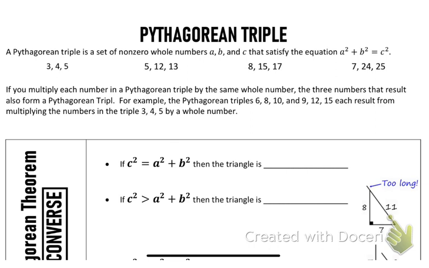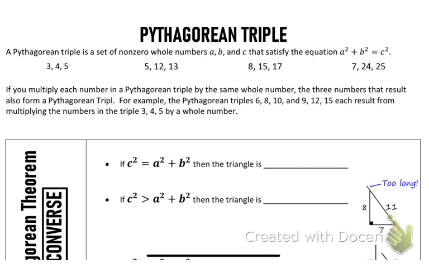Once again, you do not have to have these memorized. If all this makes sense to you, you might want to take a second and memorize some of these. It can speed up specific problems, especially with whole numbers. Now, Pythagorean triples also get you more values. If you multiply each number of a Pythagorean triple by the same whole number, the 3 numbers that result are also a Pythagorean triple.